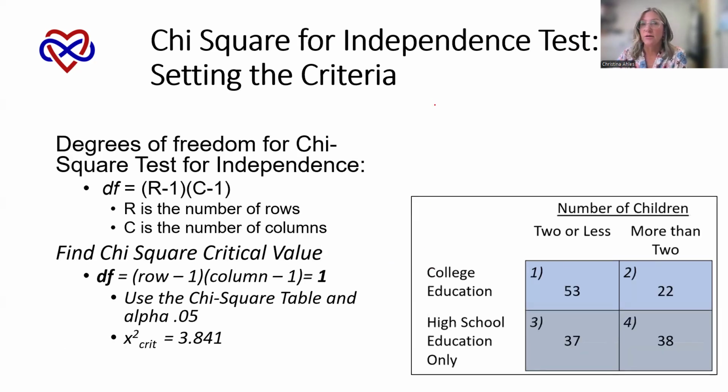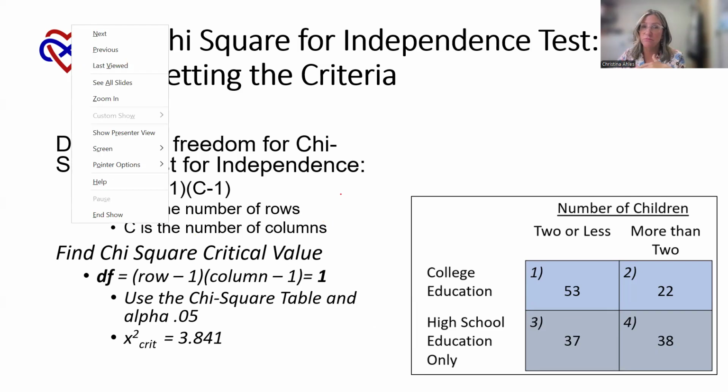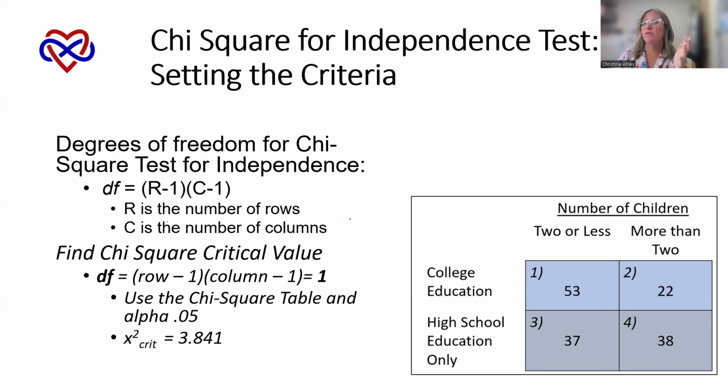For the criteria for the test for independence, you have to account for the fact that there's 2 variables. So basically, degrees of freedom is R minus 1 times C minus 1, where R is the number of rows and C is the number of columns. You take your rows minus 1.